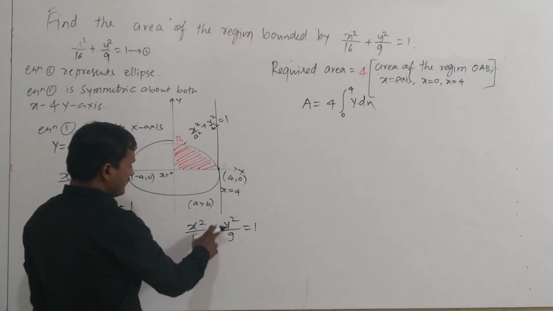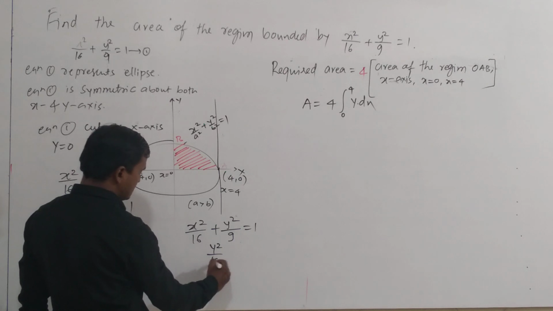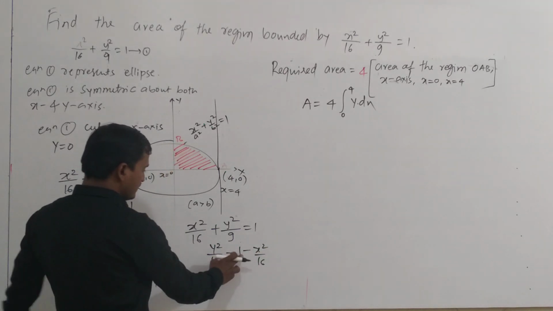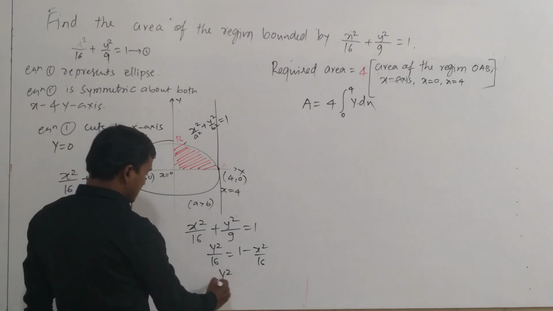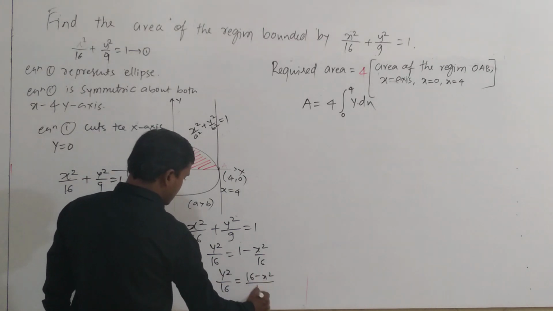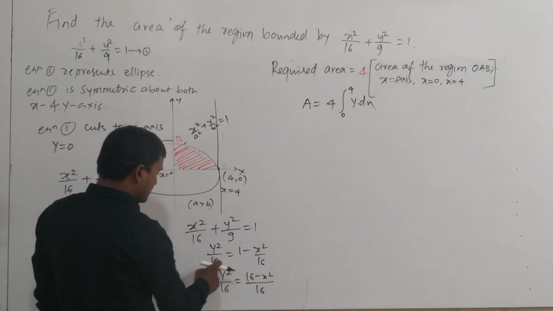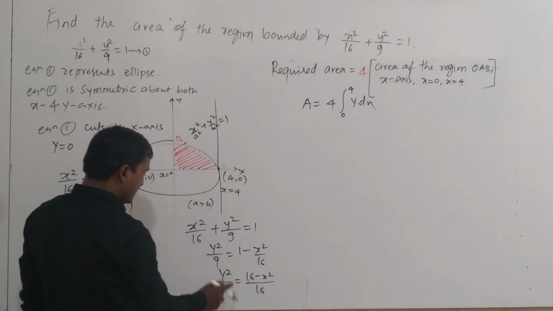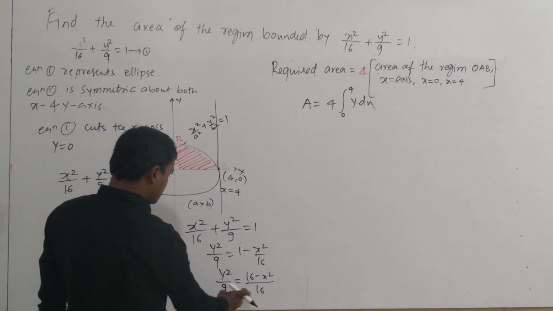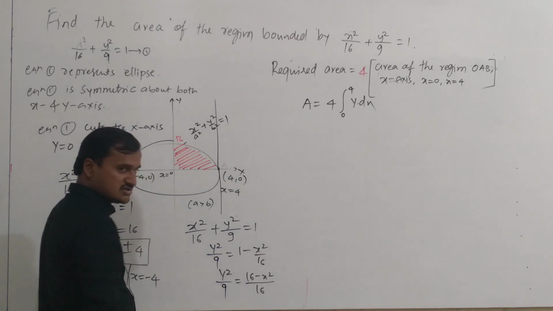To get the value of y, simplify: y square divided by 9 equals 1 minus x square divided by 16. Taking LCM, y square by 9 is equal to 16 minus x square, divided by 16.